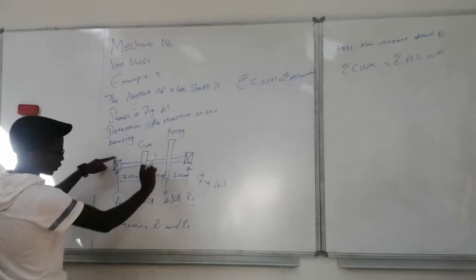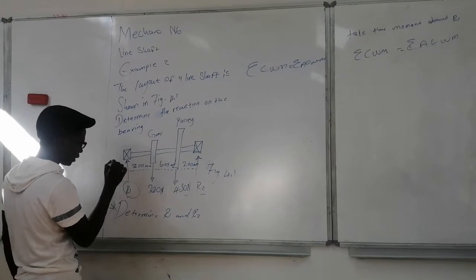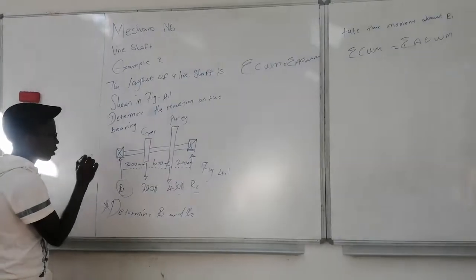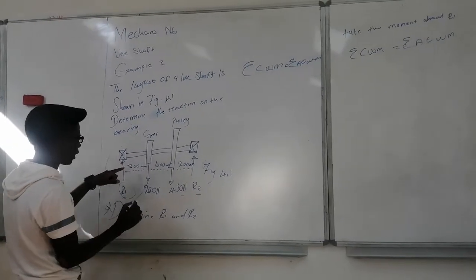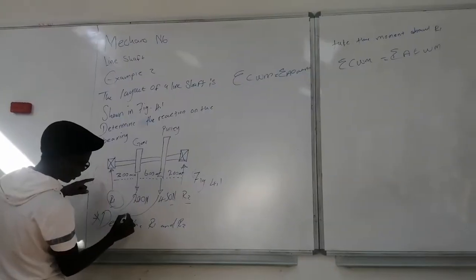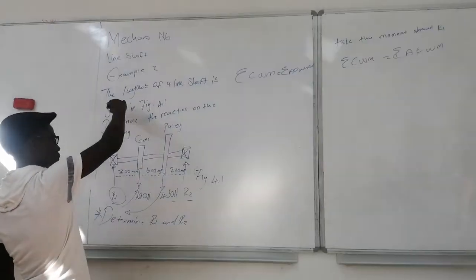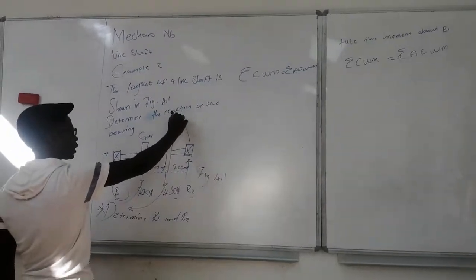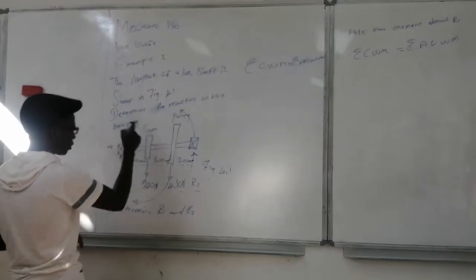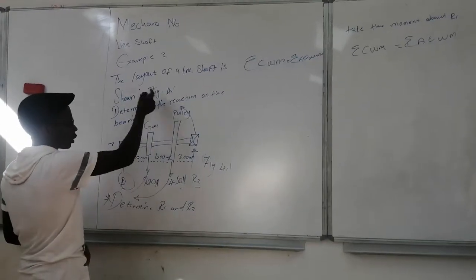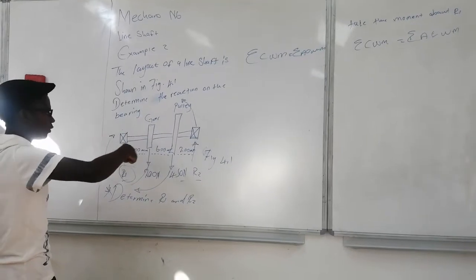For example, if here is the point of fulcrum, this one will rotate like this, even this one will rotate like this. This one, because it's pulling in that way, will rotate like this. So these two are rotating clockwise, and this one anti-clockwise. That is how we are going to put the values there.